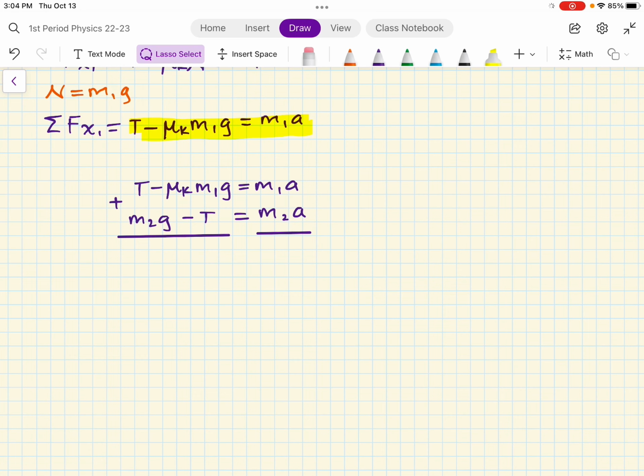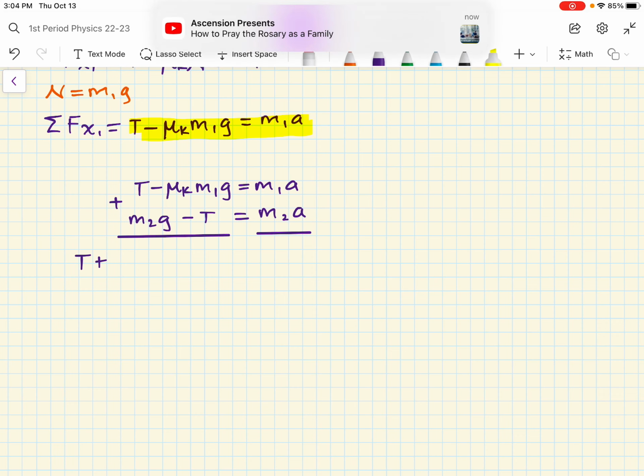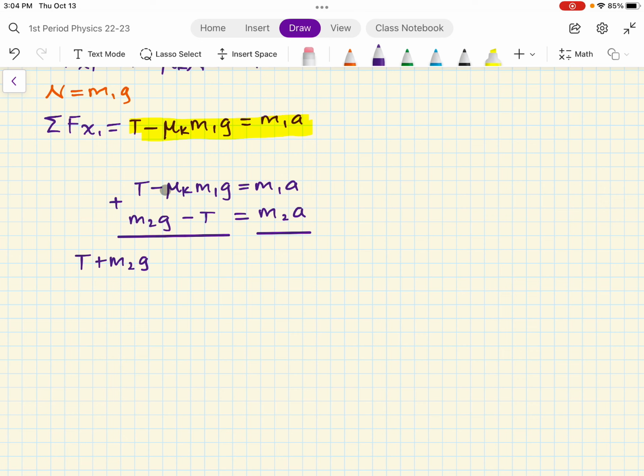Okay. So we'll have tension plus m2g minus this whole thing, mu k m1g minus tension is equal to, well, I cannot combine these two, so just m1a plus m2a.